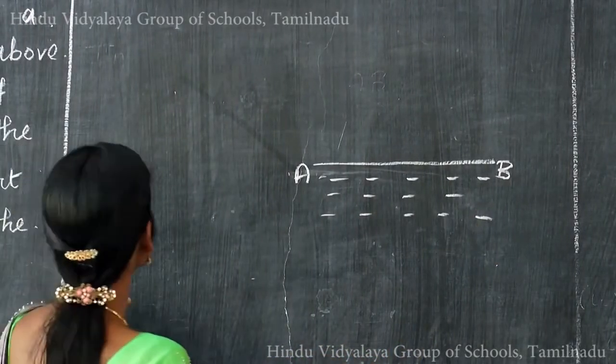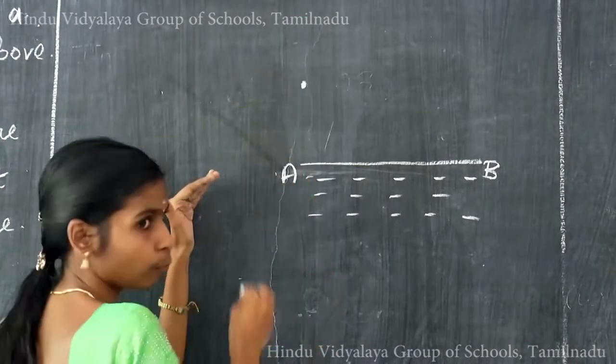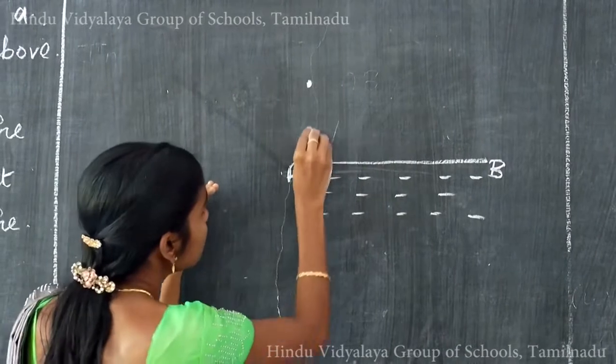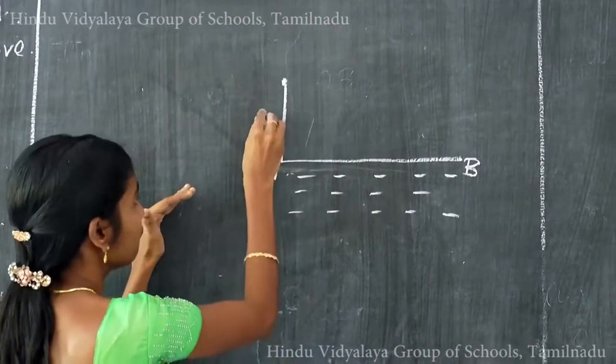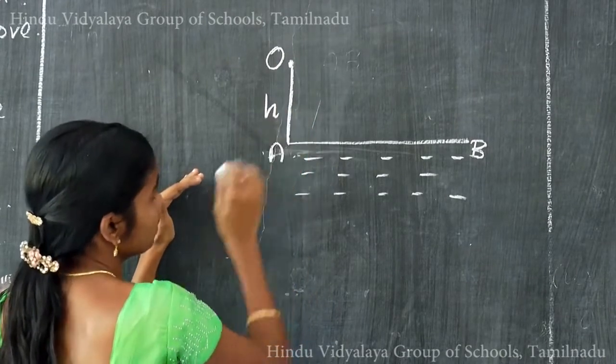Then a point which is h meters above the lake. So here I take a point O which is h meters above the surface of the lake. This is O, such that OA is h meters.